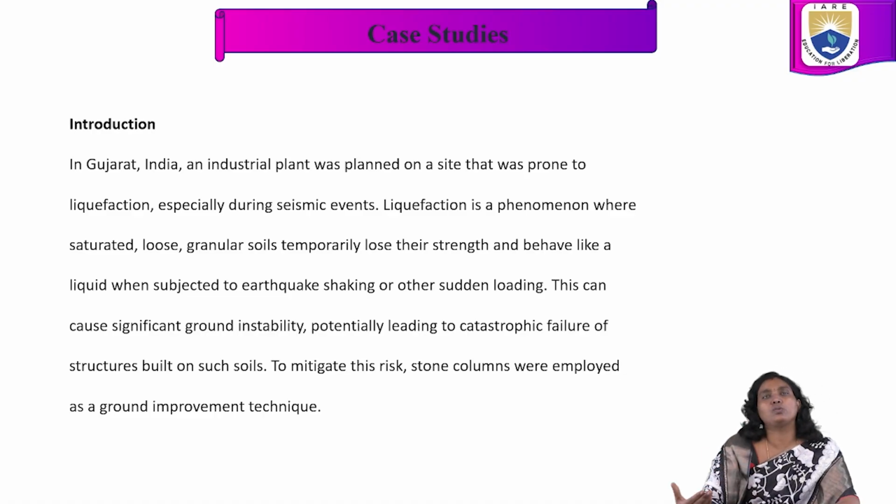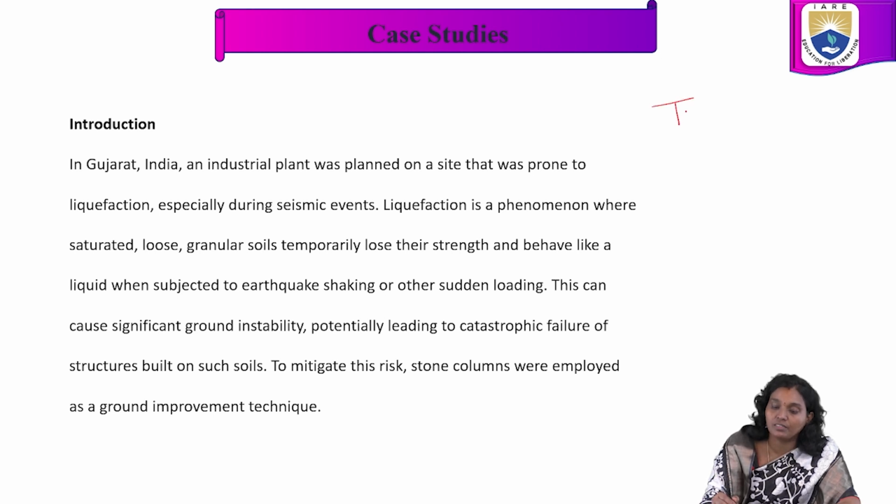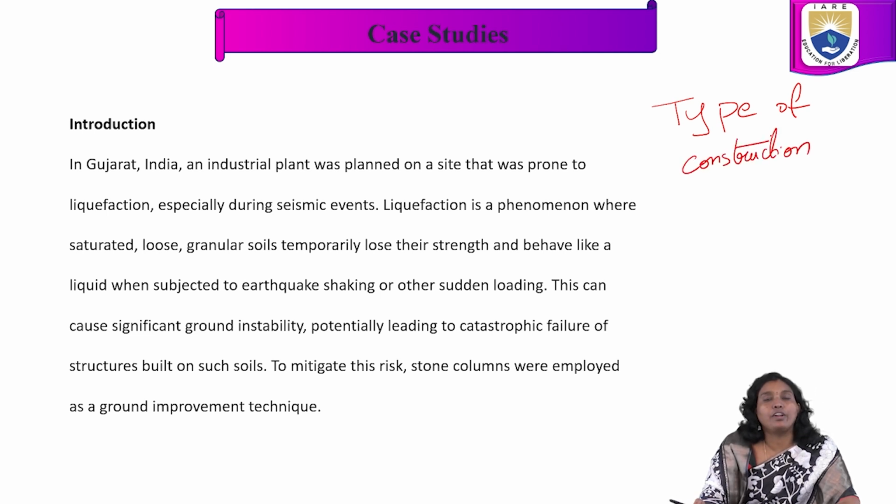According to ground improvement techniques, what we understand till now is that it depends on what kind of construction we are doing and what type of construction we require. According to the type of construction, we undergo the process.